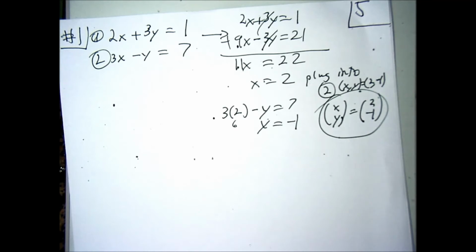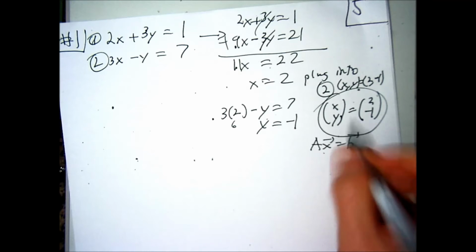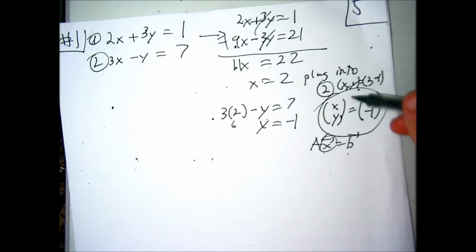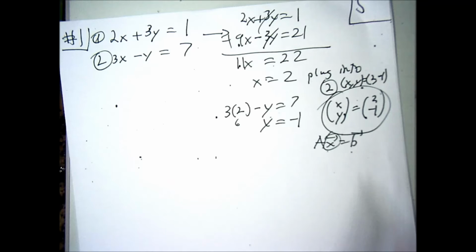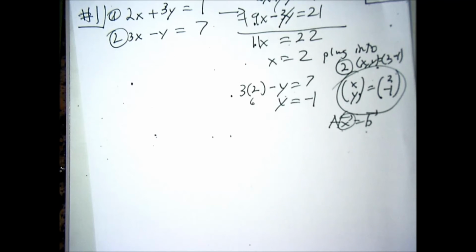We want to write our points as column vectors now, because that's what we mean when we say Ax equals b. This x is a one column matrix, and just get in the habit of writing things like that. Okay, so that's old stuff, right?